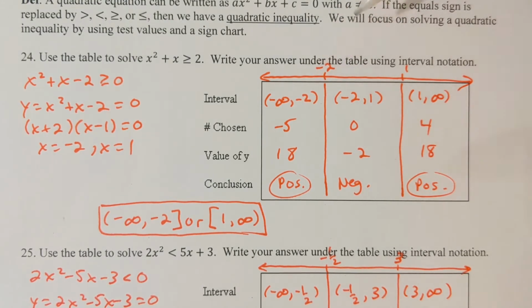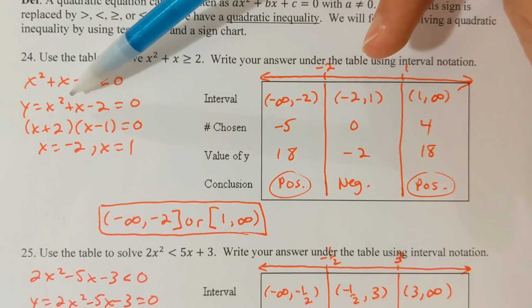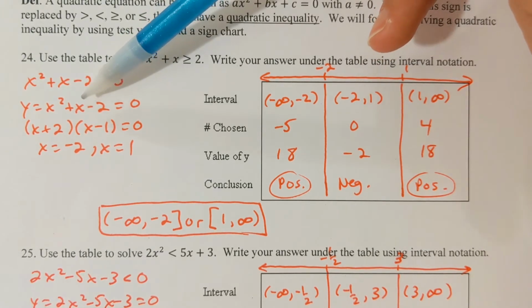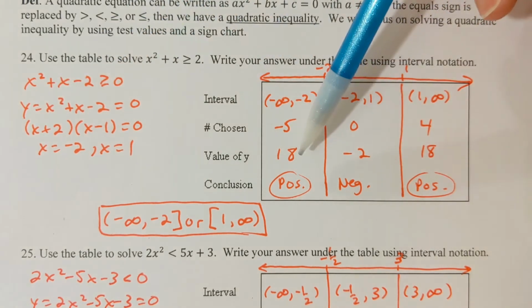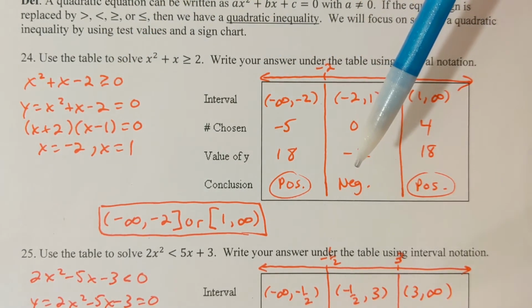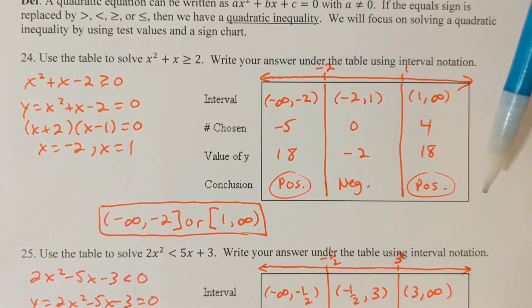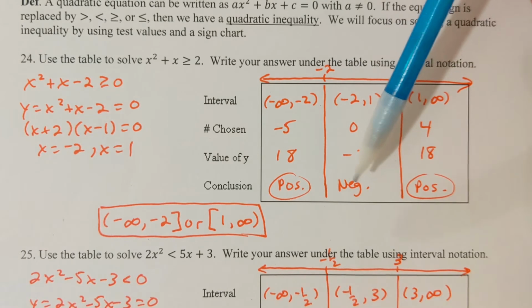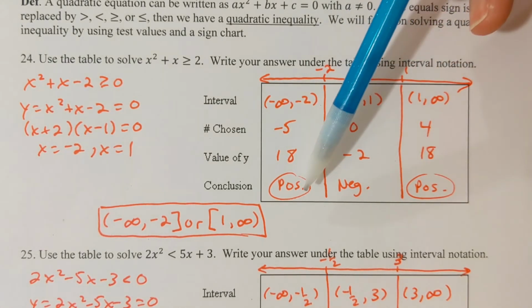So for example, if x is negative 5, negative 5 squared is 25, minus 5 is 20, minus 2 is 18. So the y value would be 18. Now all I really care about in the chart is if the value of y is a positive or a negative number. 18 is a positive number, so I'll write positive there. And so the first column is done.